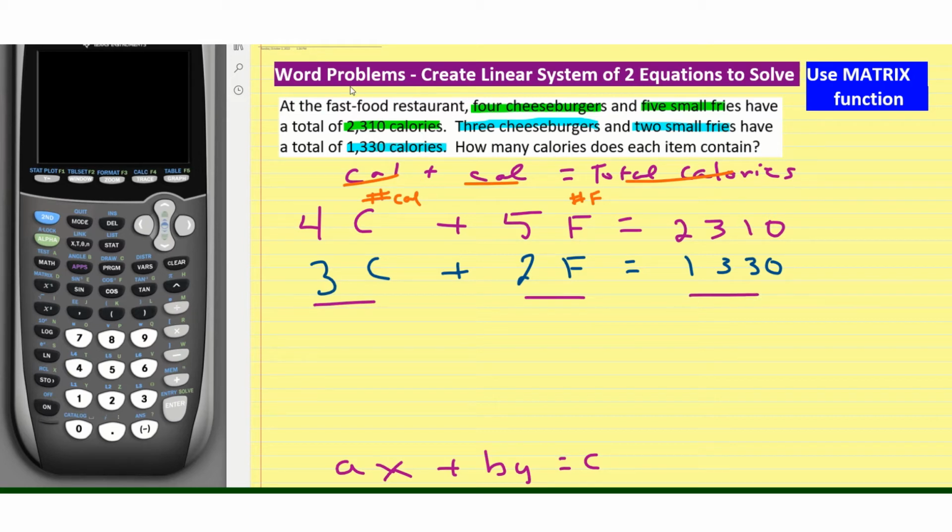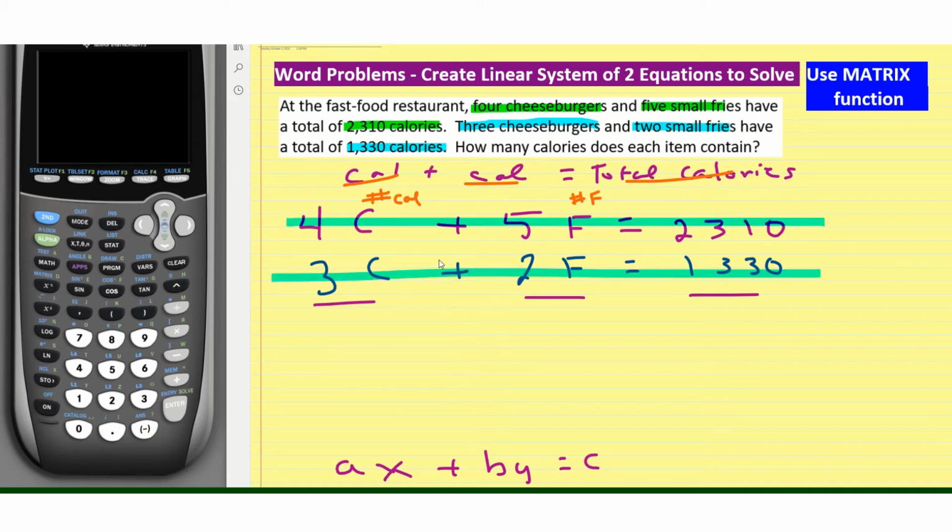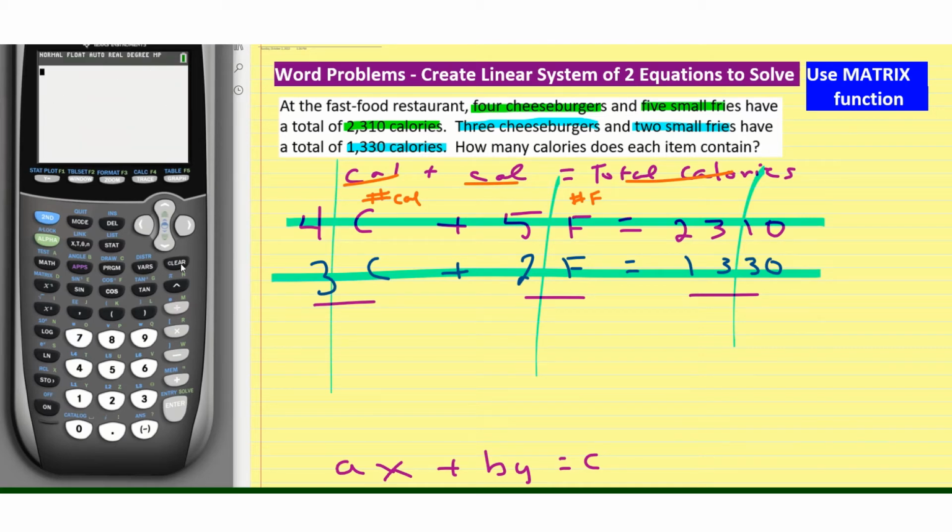Okay, so for our matrices we need to have 2 rows, and we also need to have 3 columns. So we're going to go over to our calculator, turn it on, and clear it out if you want to, and we're going to go to blue second button, blue matrix. We want to edit our matrices, so we're going to right over to the edit option.